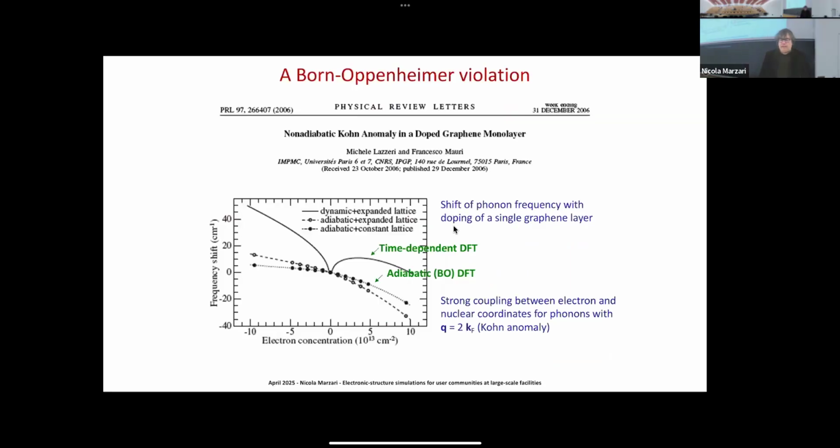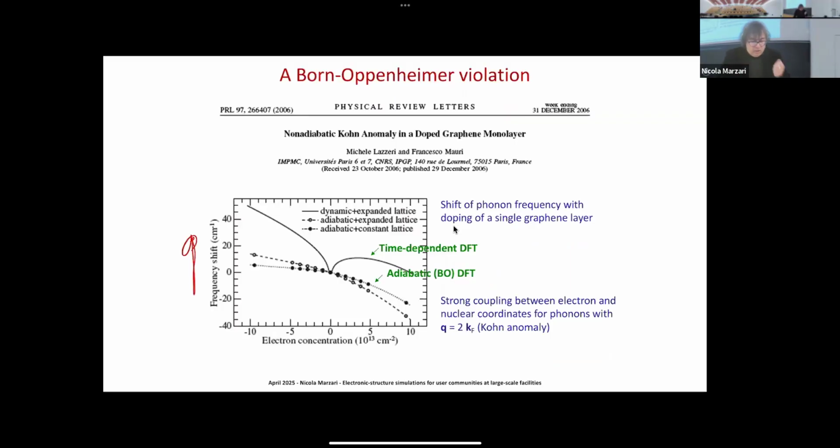Something very relevant. If you look at the vibrations of a very easy to measure optical mode in graphene, everyone knows how to do Raman scattering on graphene, and you dope it. Actually, what you have is the change in frequency.